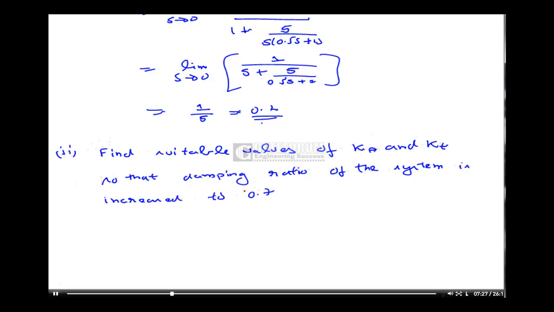Now damping ratio they are directly saying, zeta is equal to 0.7, and without affecting the steady state error.